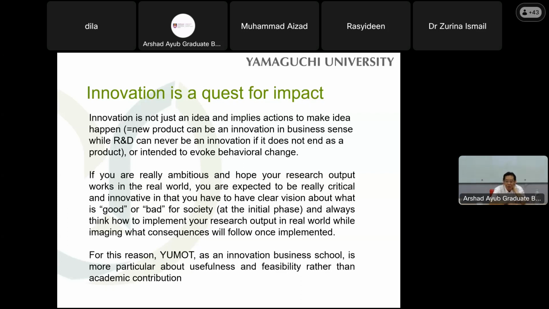Okay. So implying action to make the idea happen means innovation intentionally tries to evoke behavioral change, or at least it has to change decision making itself.